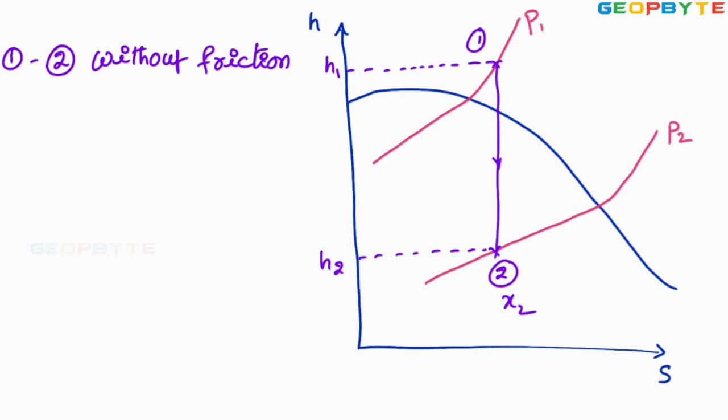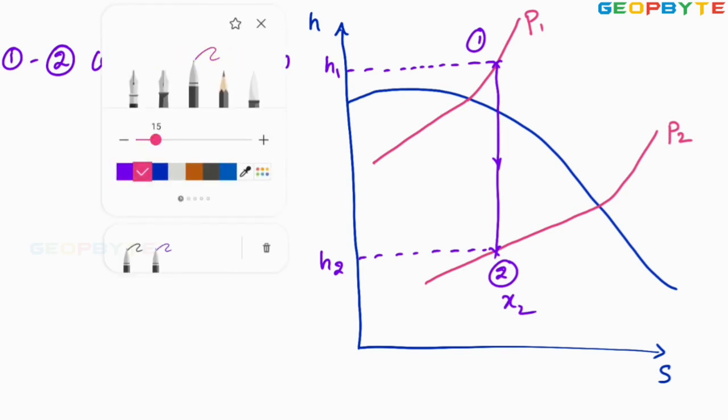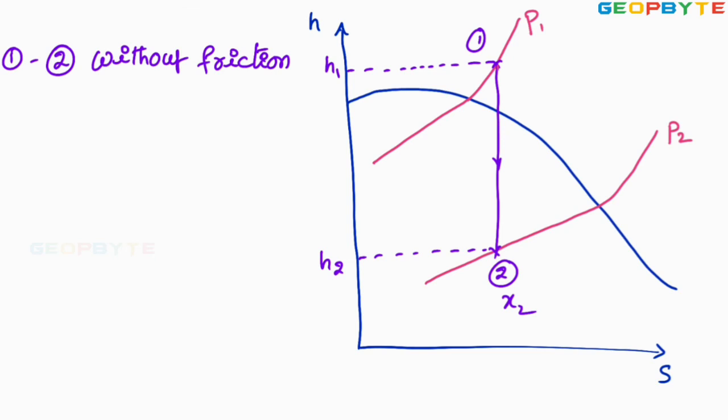But once we consider the effect of friction, the curve is deviated towards 2 dash like this. For the same pressure drop, 1 to 2 dash is the expansion of the steam with friction. Now look at the enthalpy at state 2.